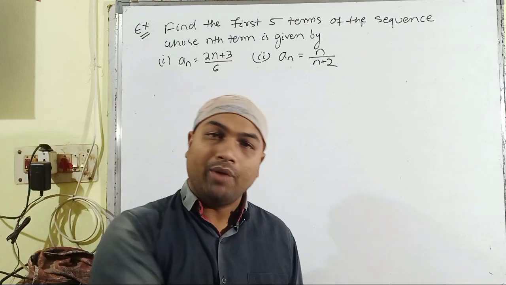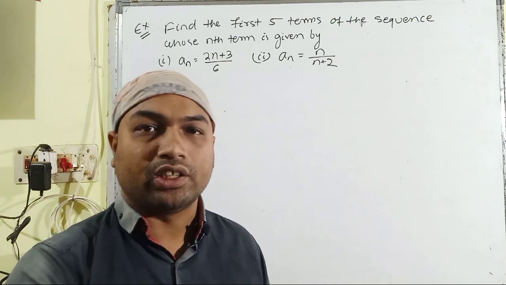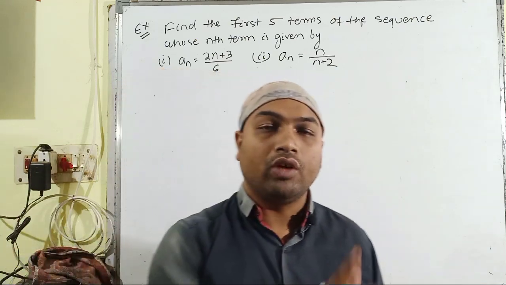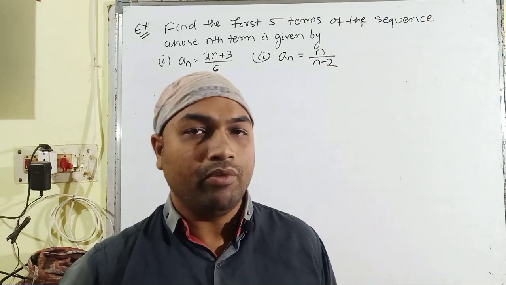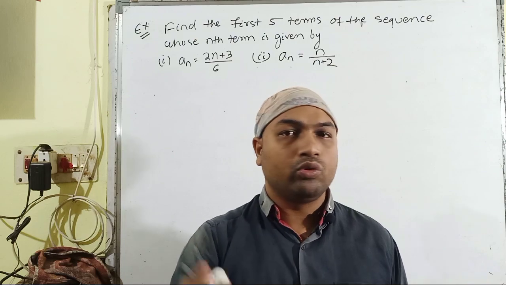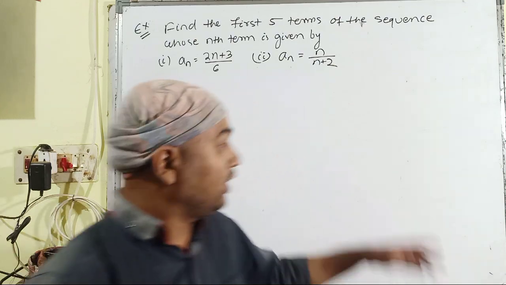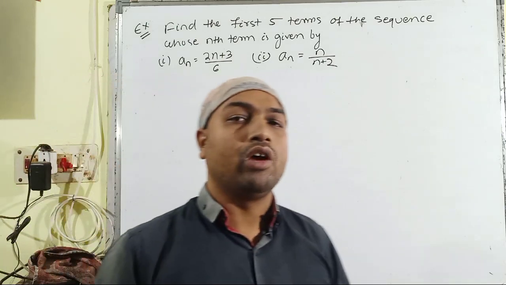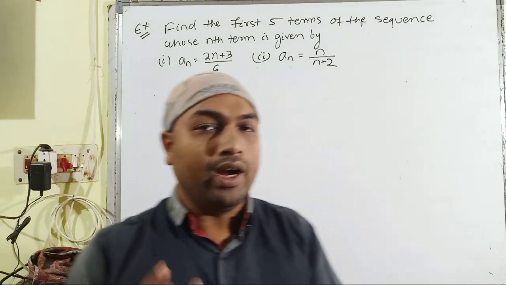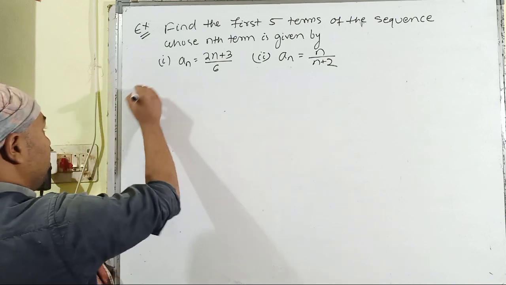That means we have been given the nth term, but we have to find the first 5 terms, that means A1, A2, A3, A4, A5, or you can also write T1, T2, T3, T4, T5. As the nth term is given in terms of An, we have to find A1, A2, A3, A4 and A5. So let us solve it.